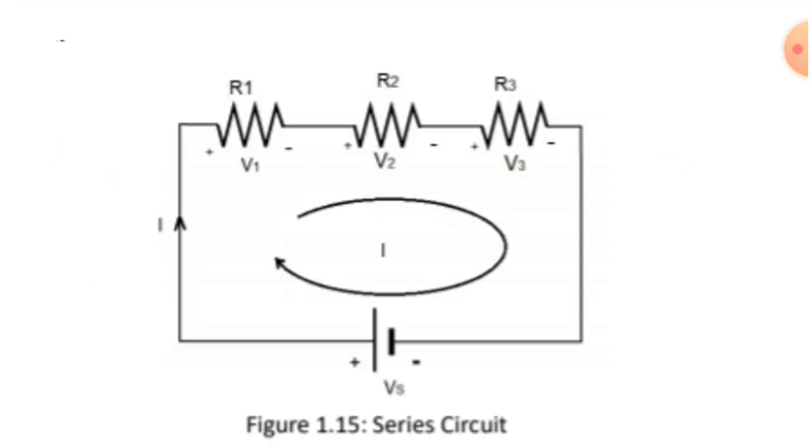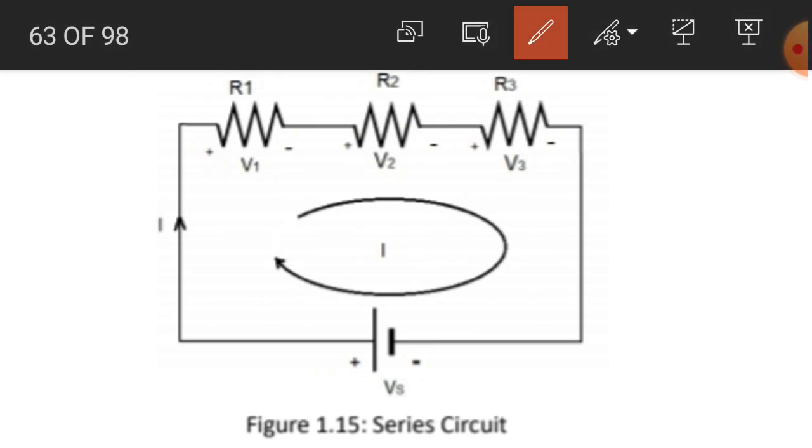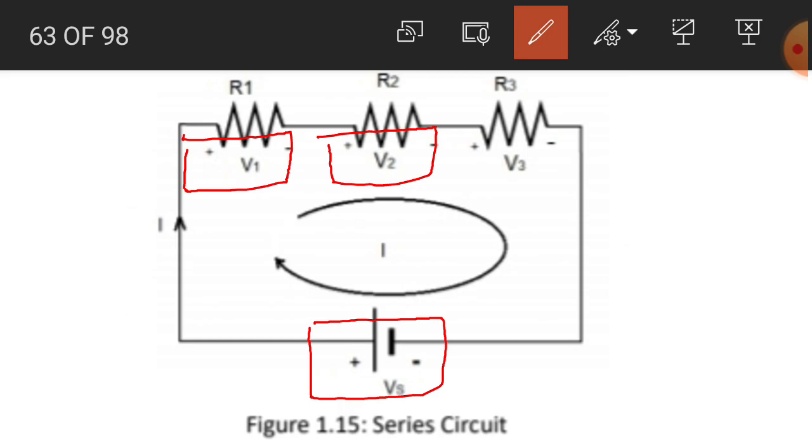So keeping in view the direction of the current in this loop, the voltage across the source is a voltage rise. Why? Because the current flows from the negative terminal of the source towards the positive terminal. The voltage across the resistor R1 is a voltage drop. The voltage across resistor R2 is a voltage drop, and the voltage across resistor R3 is a voltage drop.